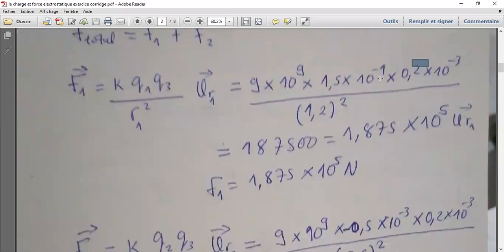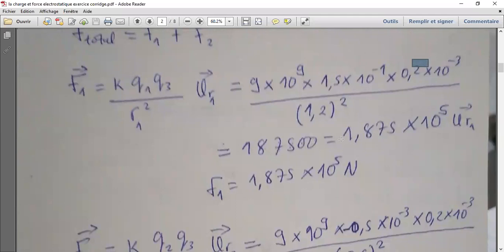Then these they have already given you. This is Q1, 1.5 times 10 to the negative 1, and Q3, since you are always exerting the force on Q3, is 0.2 times 10 to the negative 3, divided by 1.2 squared. Then when you punch on your calculator, you have 187,500.